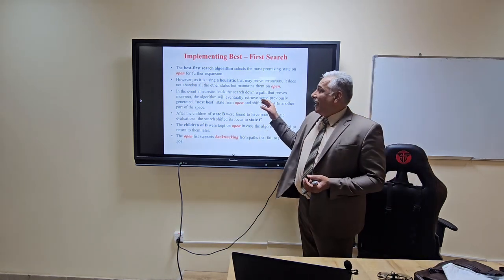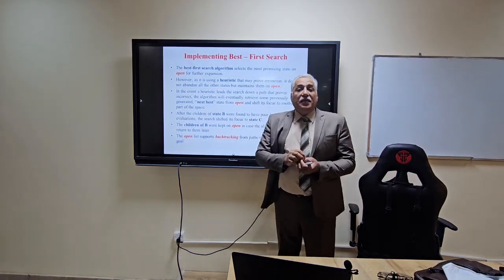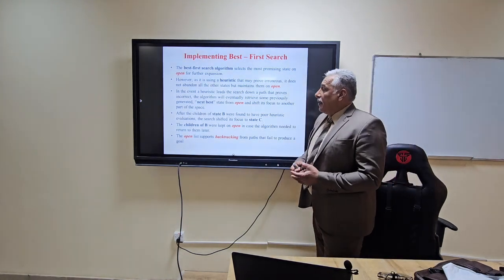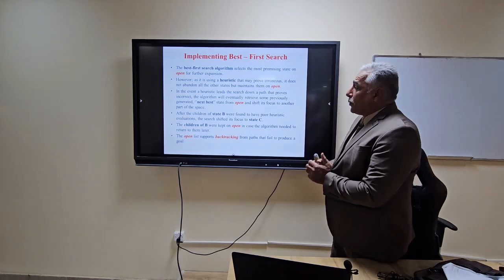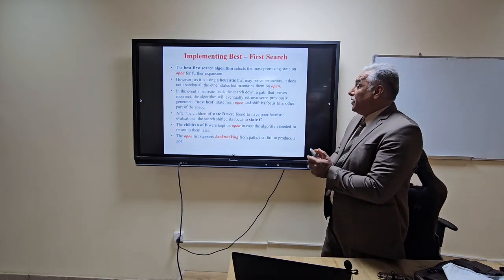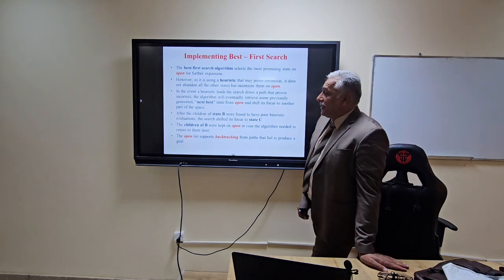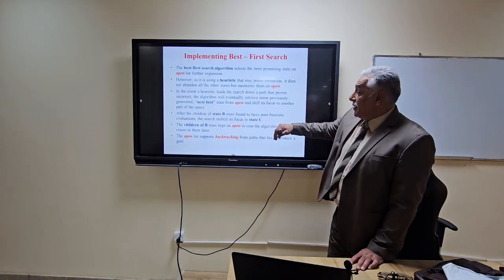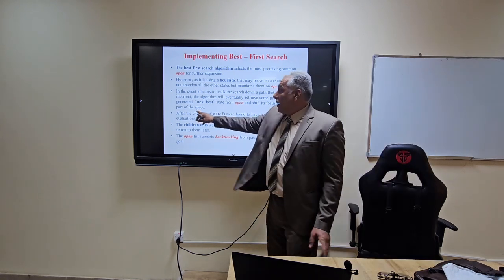That means we select the best one, which has the best evaluation function. In the event the heuristic leads the search down a path that proves incorrect, the algorithm will eventually retrieve some previously generated next best state from the open list and shift its focus to another part of the space.